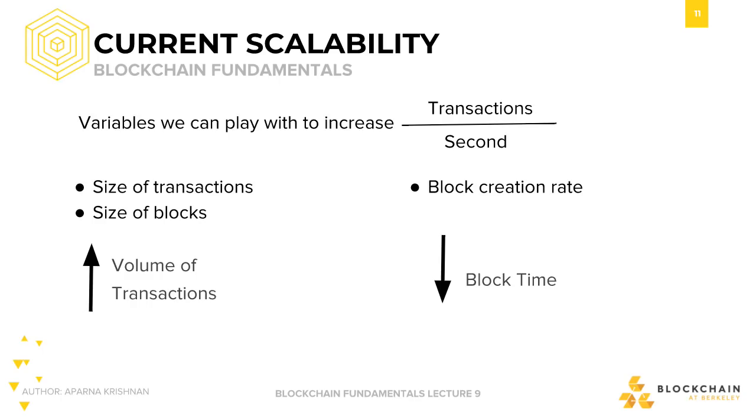Either we increase the volume of transactions and our size of blocks grows bigger, or we decrease our block creation time. That makes sense to everybody? I didn't explain that super well. It's just a fraction. We can increase one or decrease the other. Remember that the size of a transaction right now is about 546 bytes.